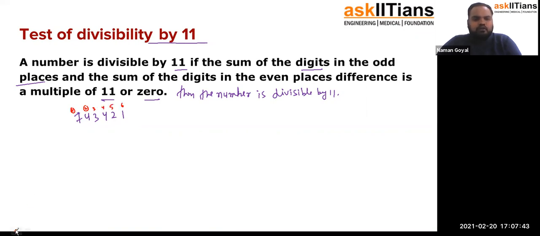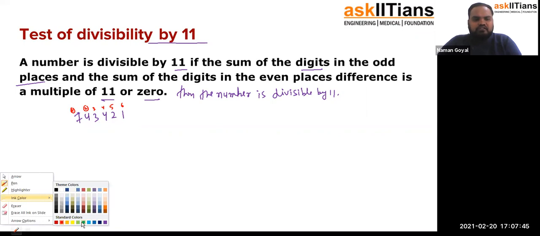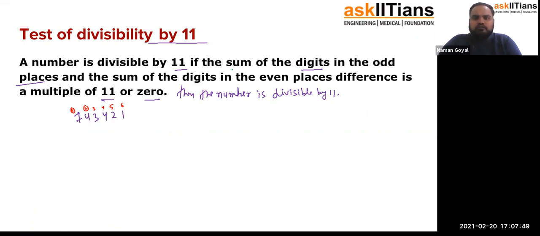According to the rule, you have to find the sum of the digits in the odd places.